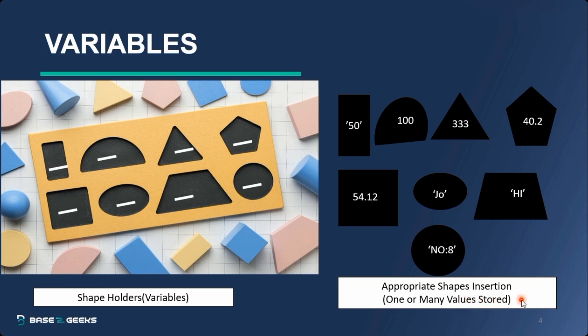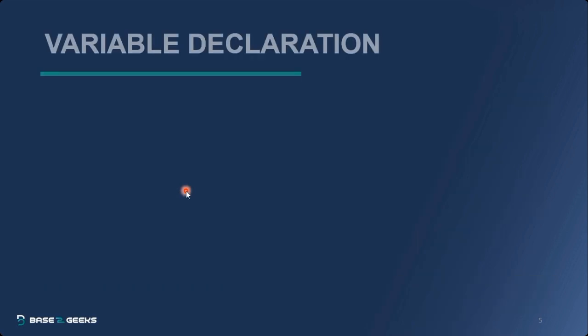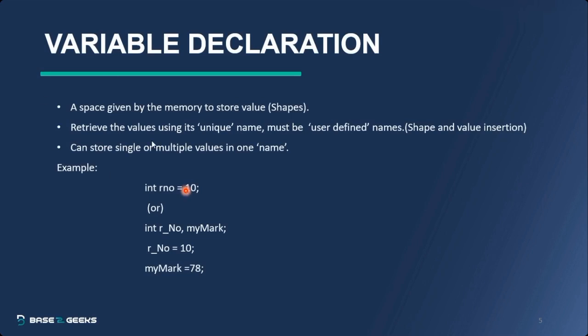So in one variable, I can store one or more values based on my requirement. I think now you might have a clear idea of what a variable is. It is a place given by the memory to store some value. See the first point: a space given by the memory to store some value.